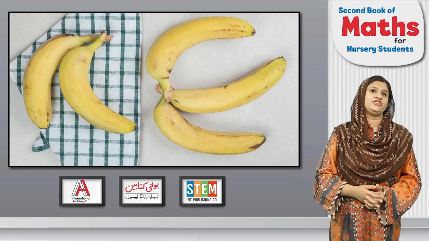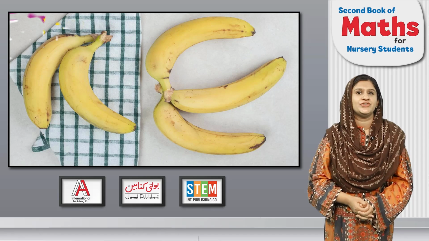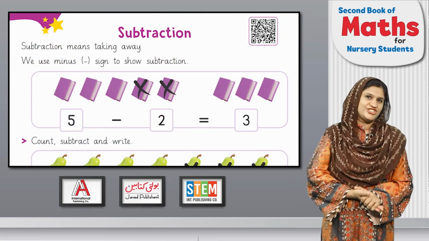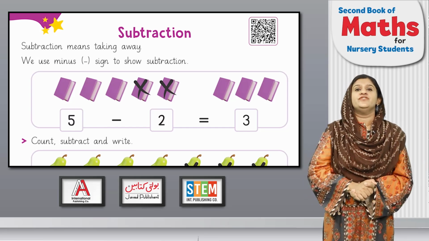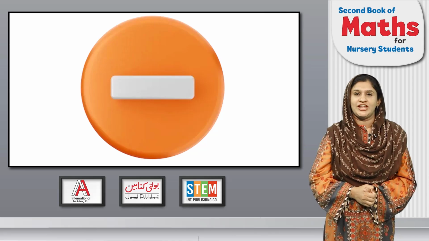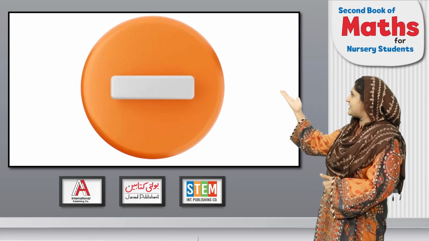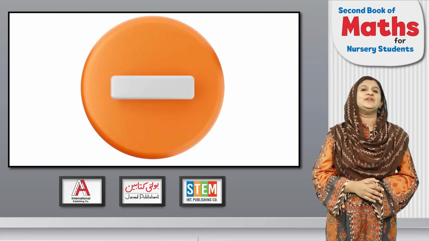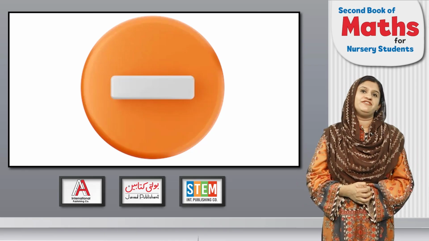Okay, the concept we have to study today, my dear kids, is the opposite of addition. The exact opposite of addition is what we call subtraction. And what sign do we use for subtraction? We use this sign for subtraction. And what word do we use? We use some specific vocabulary with these concepts.